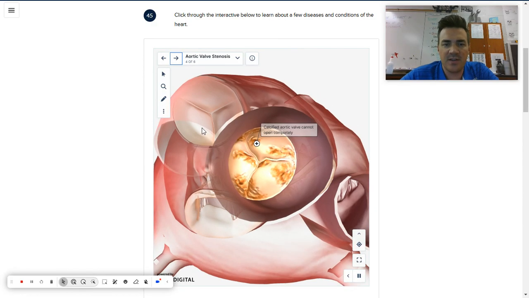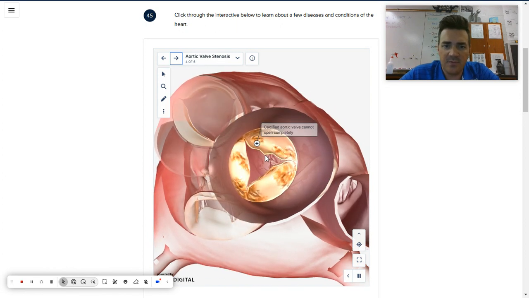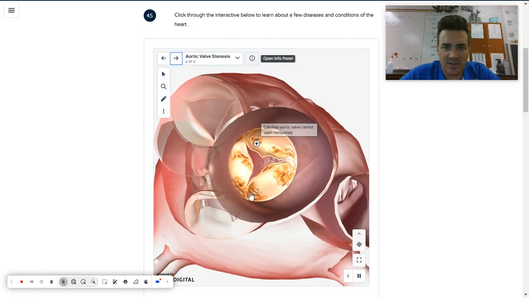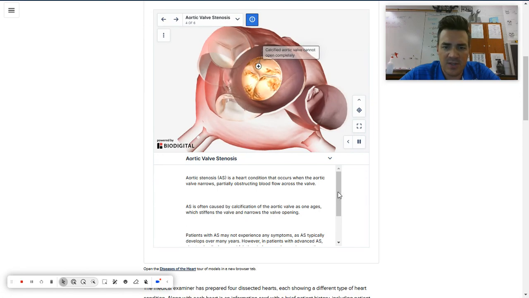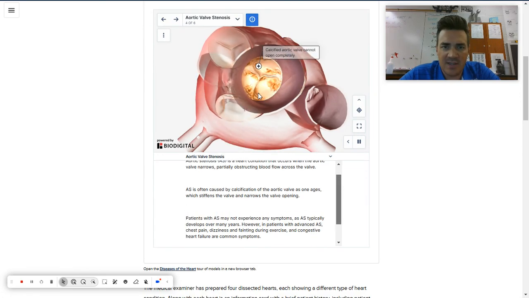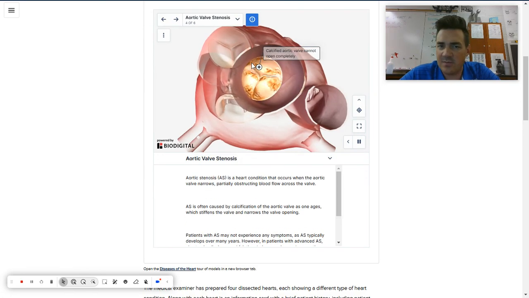The next one on here is aortic valve stenosis. Stenosis simply refers to the narrowing of a valve. So in this example, it is an aortic valve that is being narrowed. As you can see, there's this buildup, and it can be a result of a variety of issues. What's happening here is calcification, so calcium deposits are building up on here.